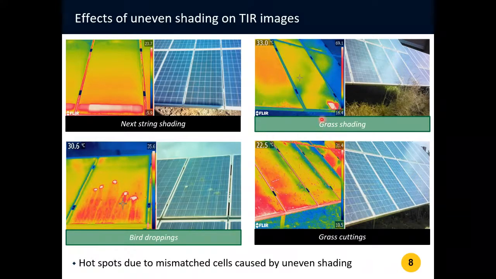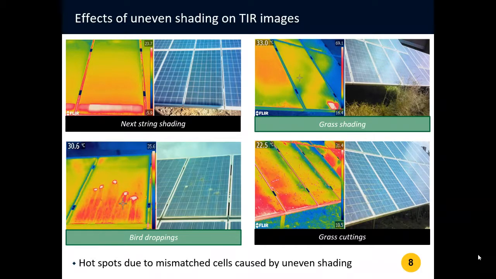These hot cells are due to partial shading, due to grass, and these ones due to bird droppings, as can be seen in this image, and also these small hotspots are due to grass cuttings.